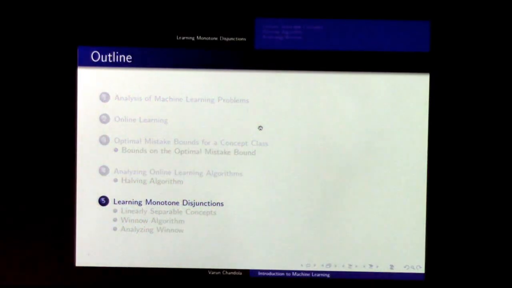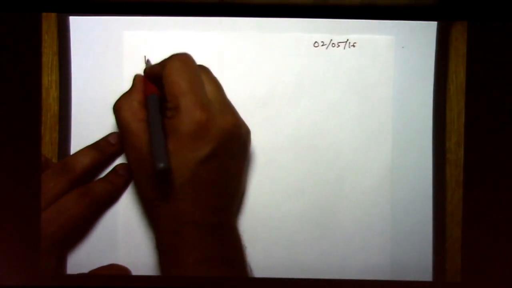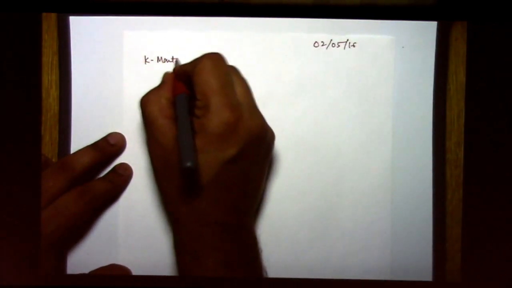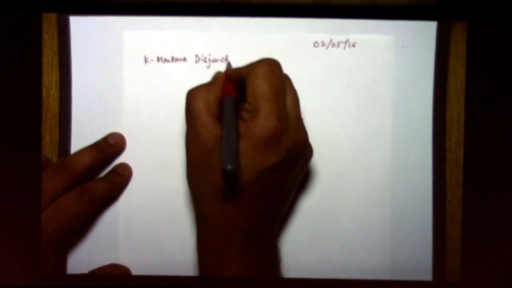So let me set our notations for that. So, K monotone disjunctions. First of all, let us make sure that we understand our data.